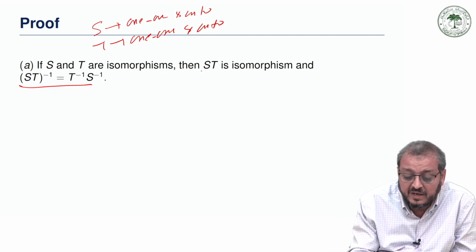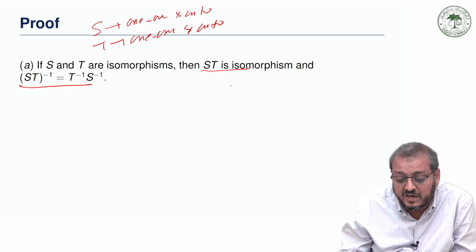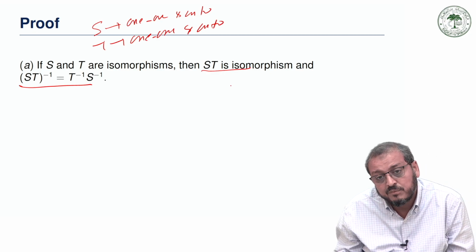So we try to show that the composition ST is 1-1 and onto. First we show that this composition is 1-1.